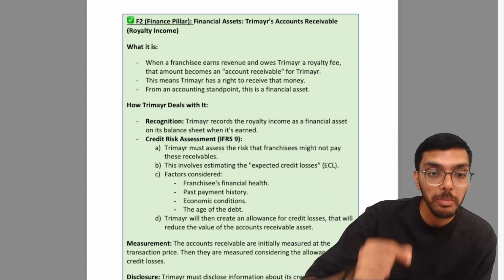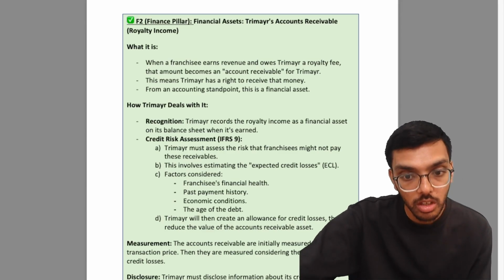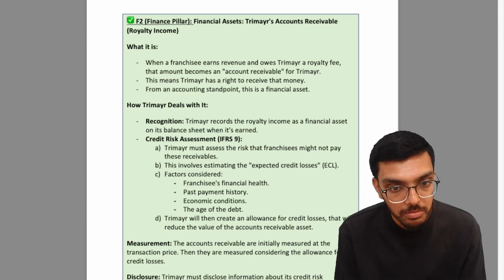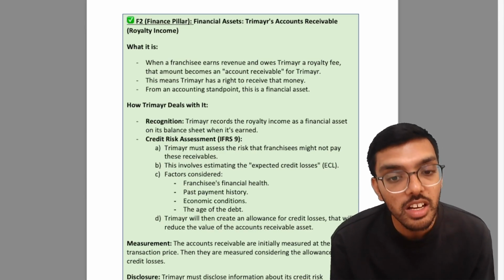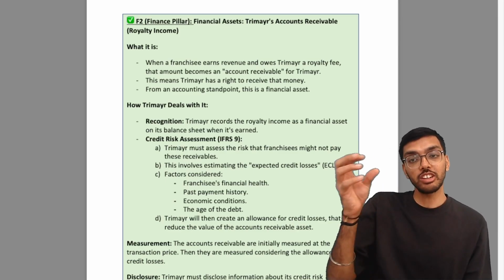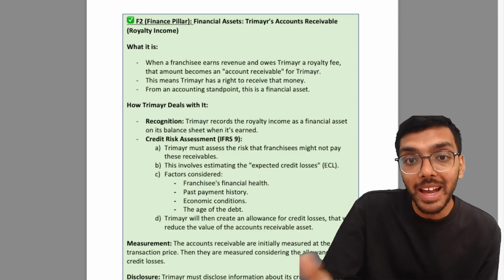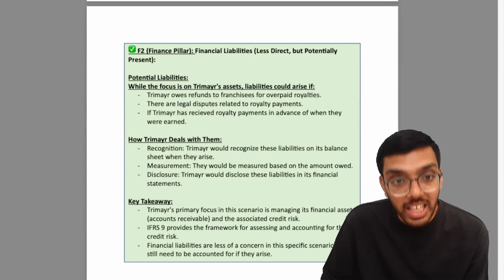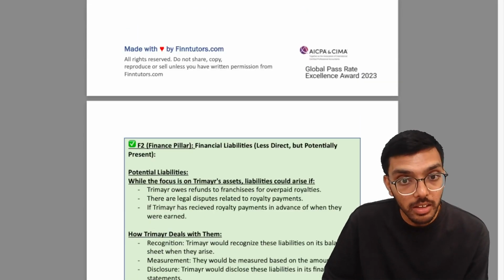An adjustment has to be made for it. The accounts receivables are initially measured at the transaction price, and if there is any loss, it is adjusted. So very important that from the financial assets perspective, you are aware that the money that you are going to receive, the royalty income, is your asset.